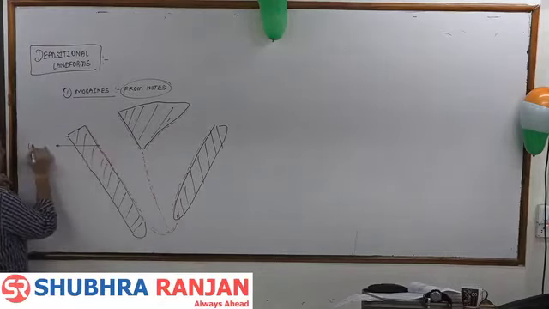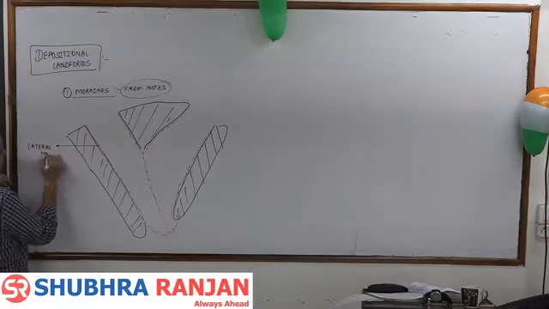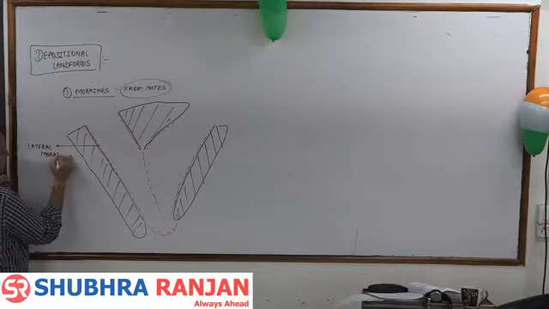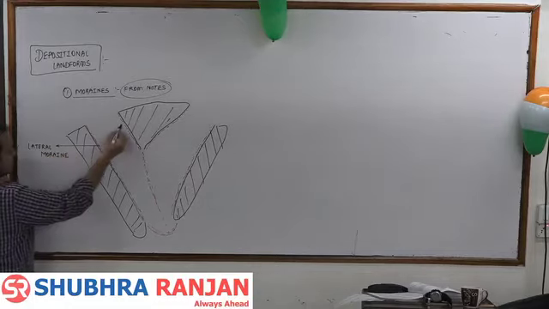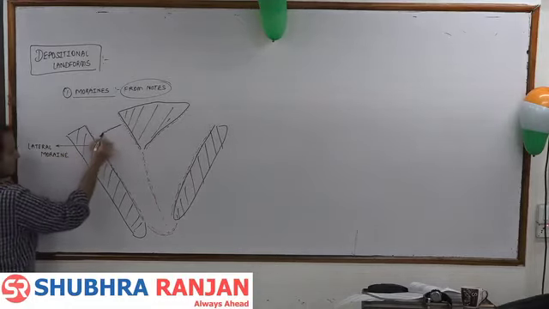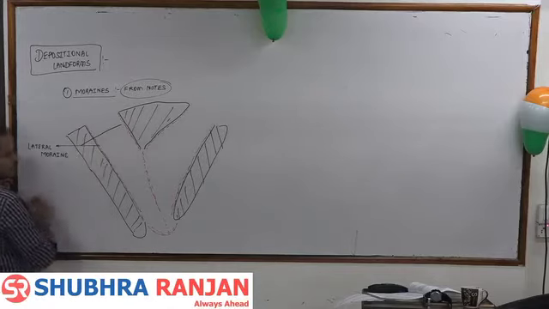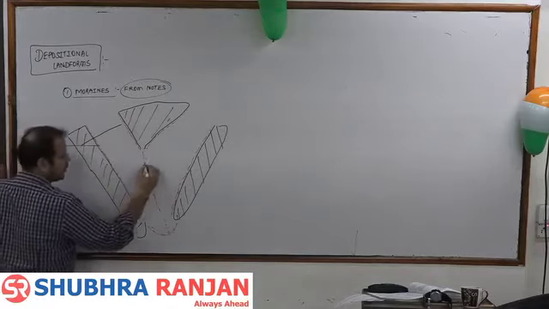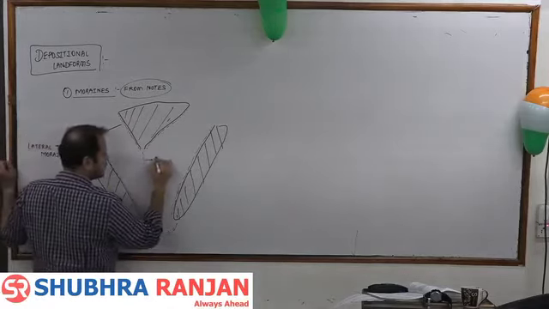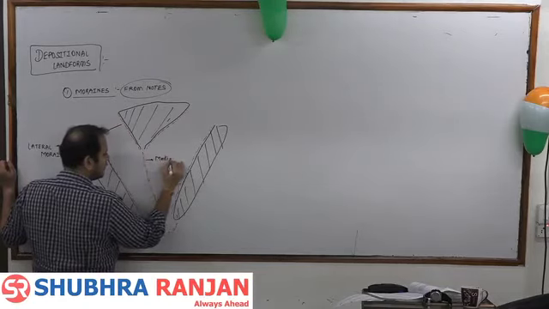This is lateral moraine, along the side. This is lateral moraine along the sides. When two lateral moraines join together, this is medial moraine.